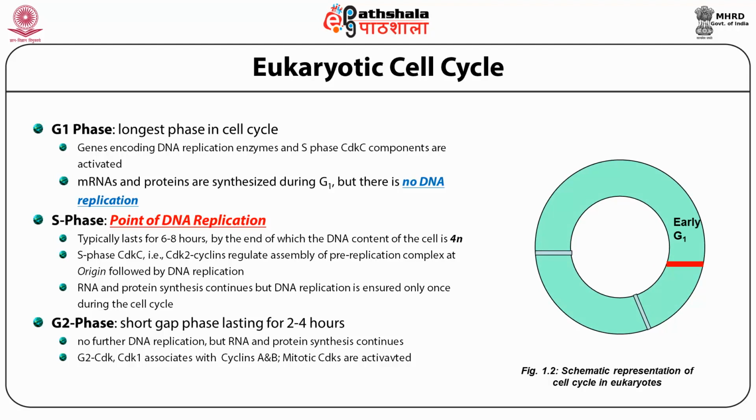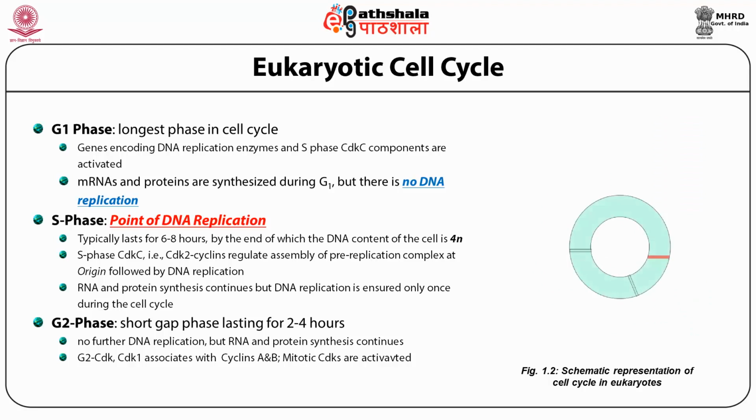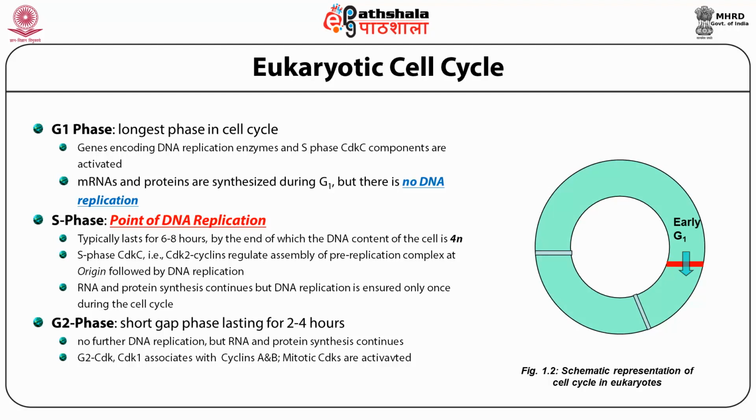As such, replication must occur only at a definitive point of time and not throughout the cell cycle. During the early part of the cell cycle, known as the G1 phase, only the pre-replication complex enzymes are synthesized. RNA, mRNA and protein synthesis occurs throughout the G1 phase, but there is no DNA replication.